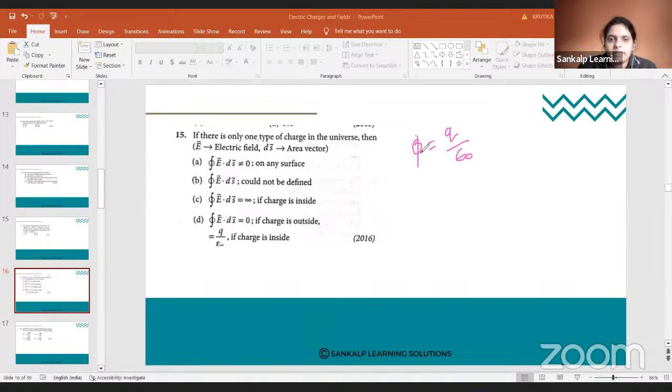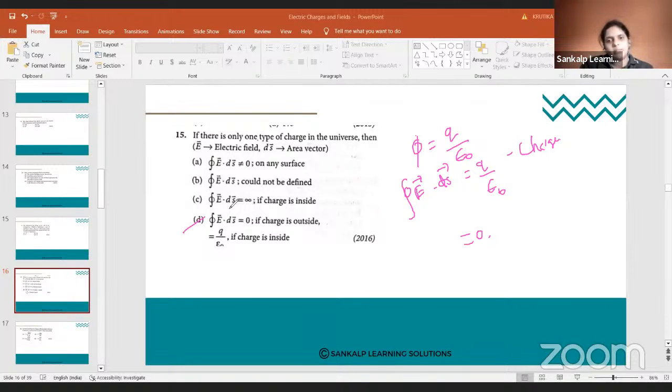So this electric flux is defined as the line integral of the product of electric field and the area, which is equal to Q divided by epsilon naught. So this is for what? This is when the charge is inside. When the charge is outside, this product will be 0. Therefore, option D is correct.